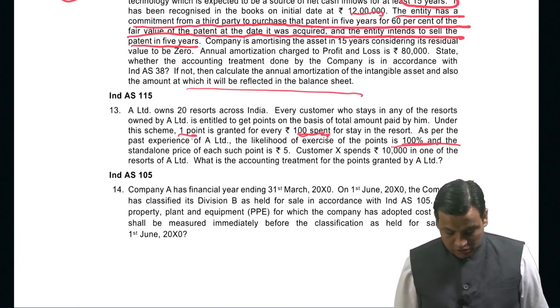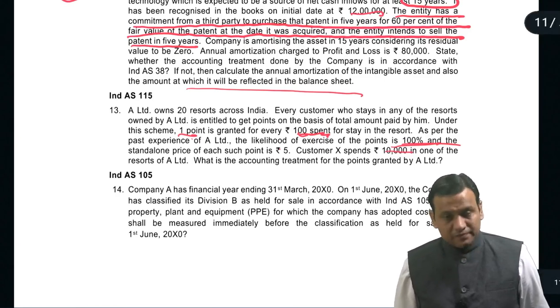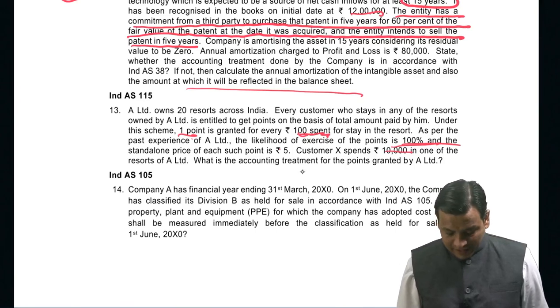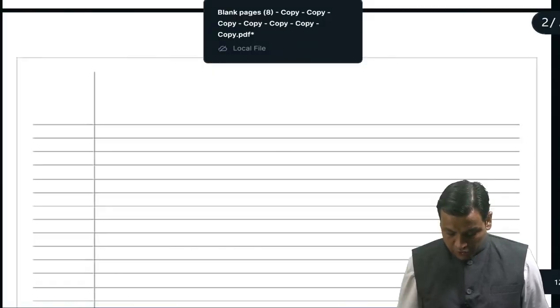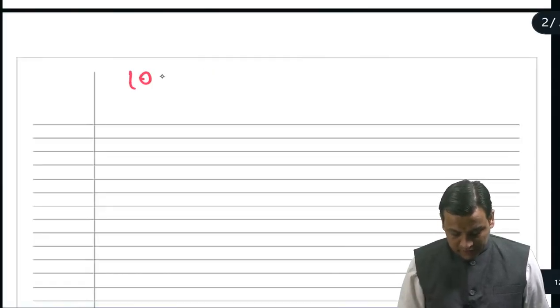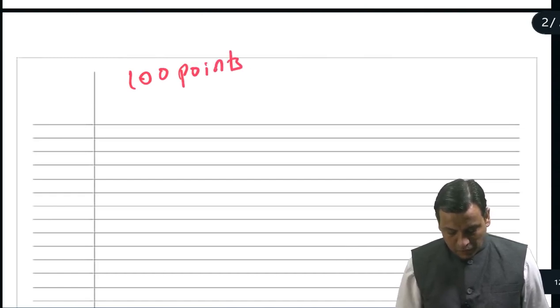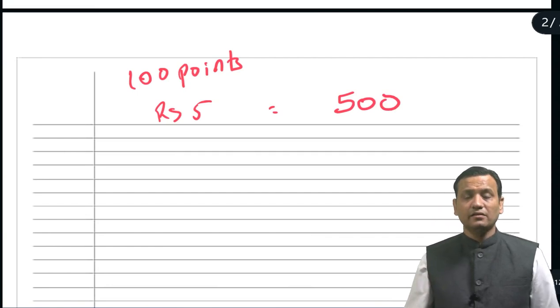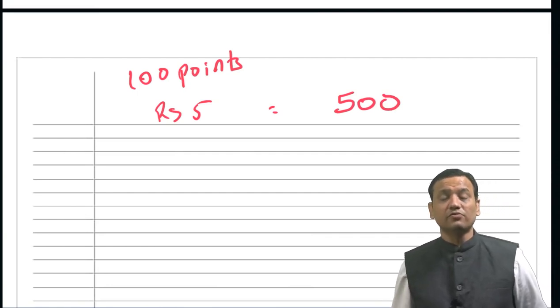Of course, what is the amount spent? 10,000. So if the amount spent is 10,000, how many points are there? There are 100 points. So we are going to give them 100 points. Each point is ₹5. So can I say the customer has the right to buy goods or services worth 500?